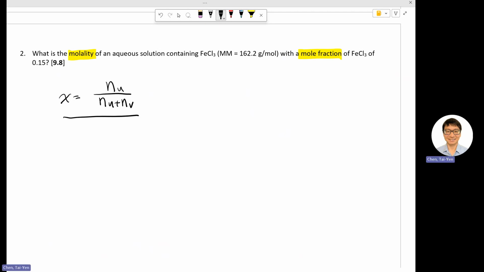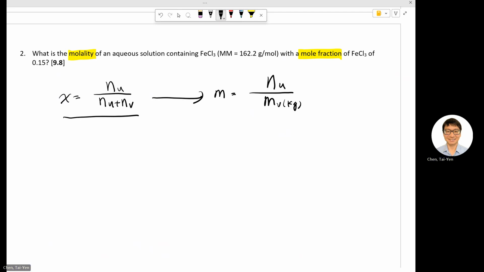What is your end point? Molality, right? Molality is defined as the moles of your solute divided by the mass of your solvent in kilogram, right? So we want to go from here to there.